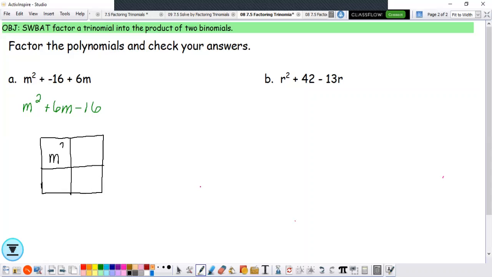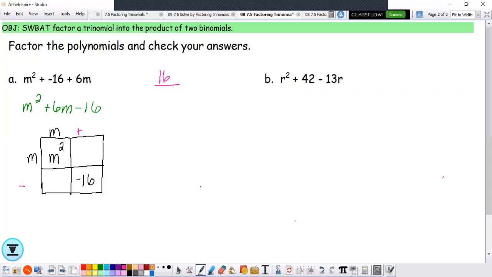We can write our squared term, we can write our constant. We know that m squared is going to be m times m. And since our constant is negative, it's fair to say that one of our factors is going to have an addition and the other one is going to have a subtraction.